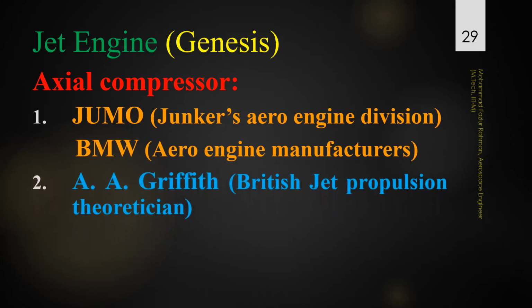A. Griffith, the British jet propulsion theoretician, also started thinking of a similar kind of engine. Initially he developed a turboprop engine, and it was very successful for him, but then he gave up the turboprop and started working on the axial flow engine, where the impeller will not be required to compress the flow, and we can have axial compressors.